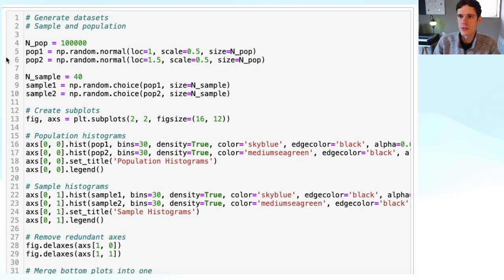In this first line of code, we define the number of observations or the number of data points that we want to have in our artificial dataset. In our case, we choose 100,000 data points and we assign it to npop. Now, this pop comes from population, and we will shortly see why we use this terminology.